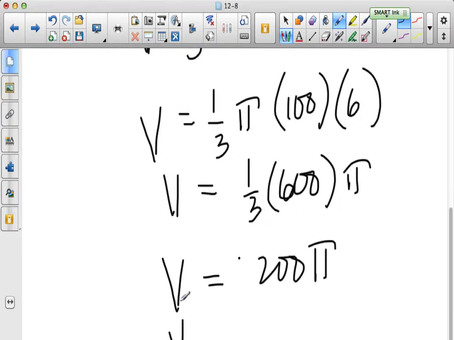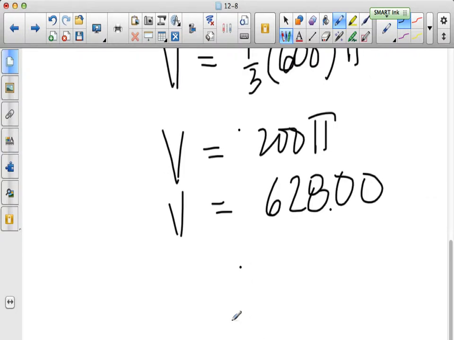Our volume equals 628.00, to 2 decimal places. So the volume of our cone is approximately 628.